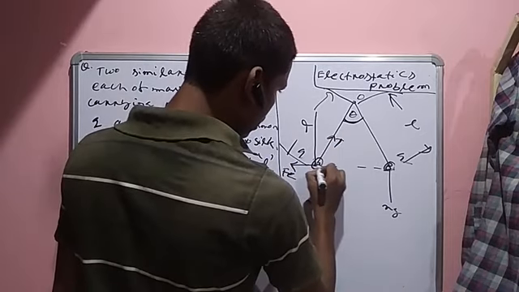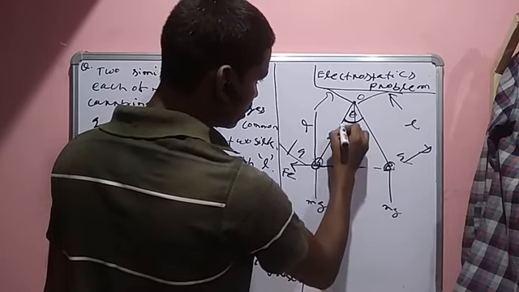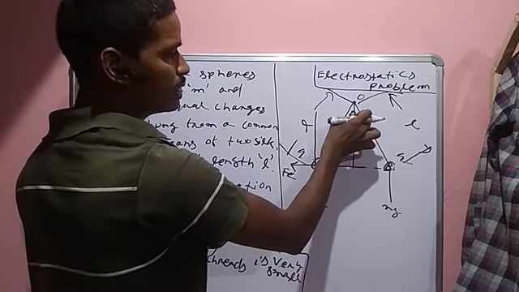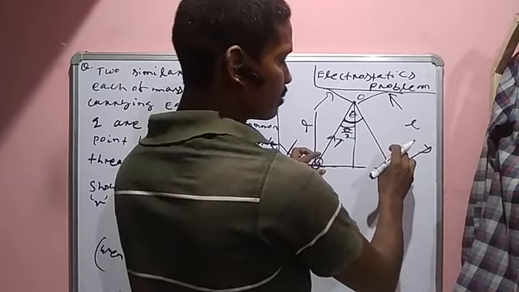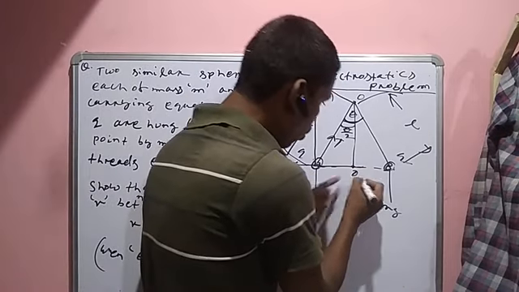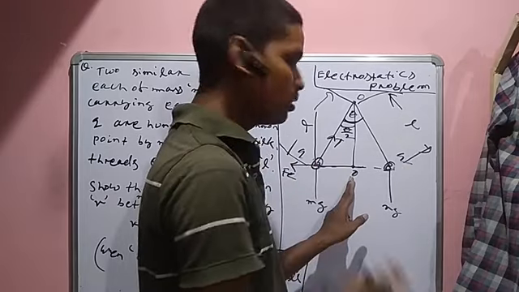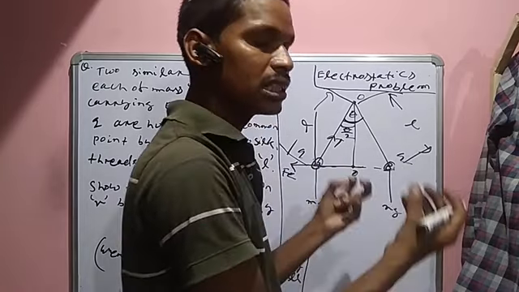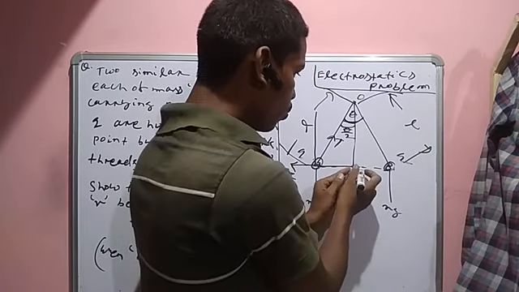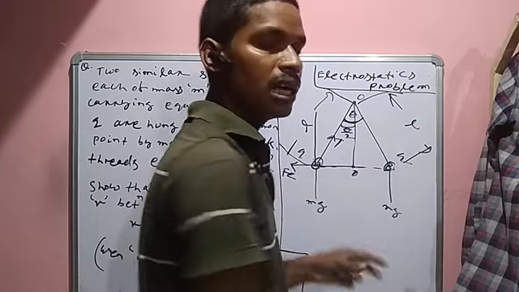It is the vertical, it is the horizontal. This is theta by 2, because the bodies have similar mass. Point O: A is as far from O as B is, because of similar masses and similar charges.